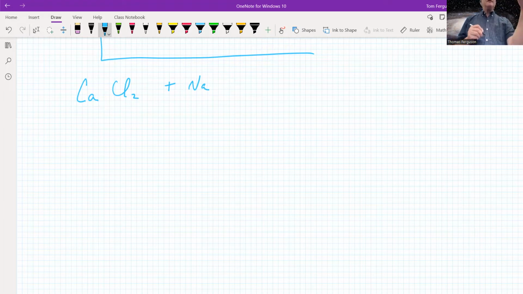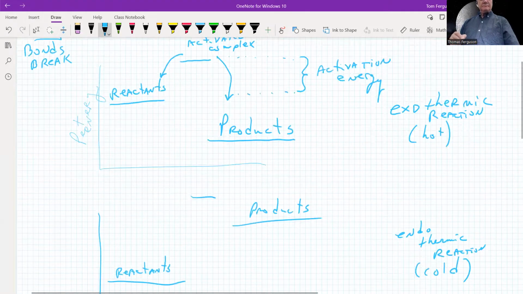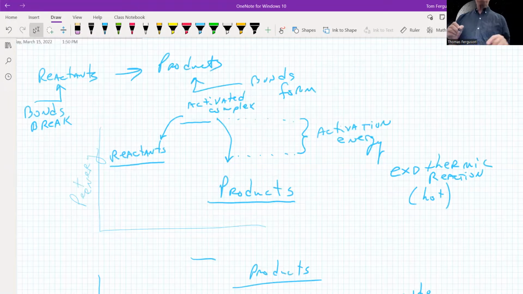It's the energy required to get the reaction up to the activated complex. What's an example of that? You have a little wood fire. Does a wood fire start itself? No. You need matches, right? And the matches supply the activation energy to get it going. And then you don't need any more matches because the energy given off will activate itself.